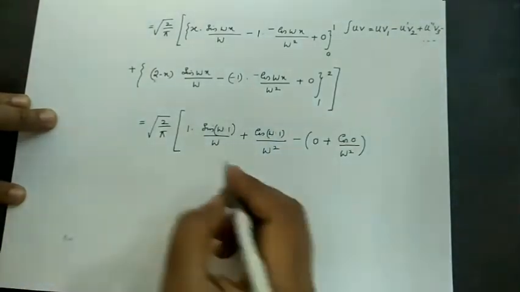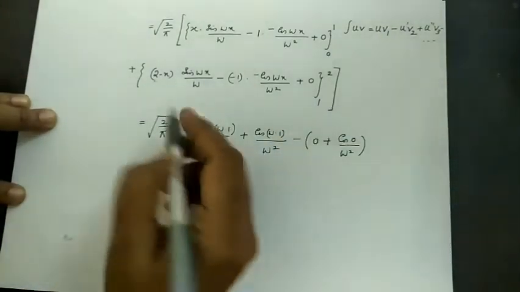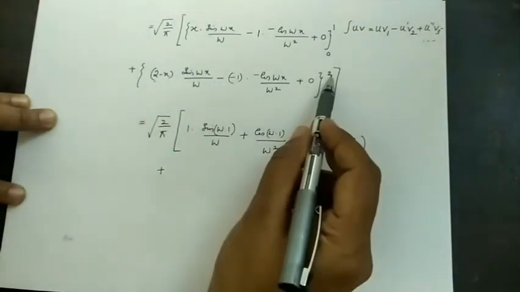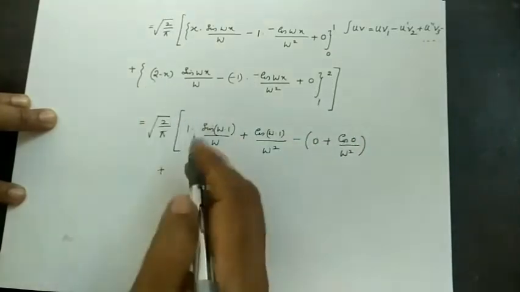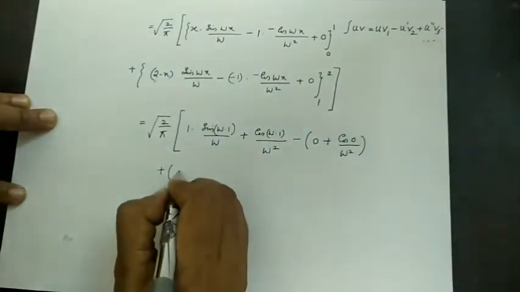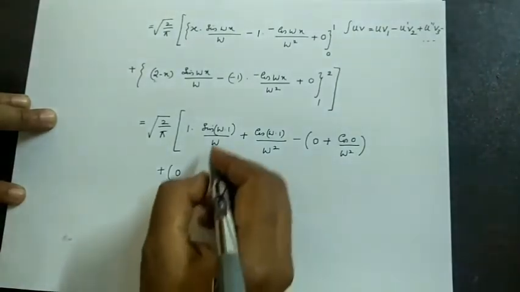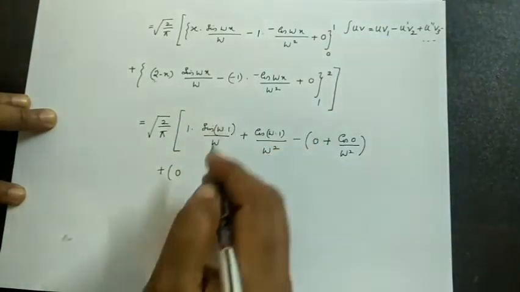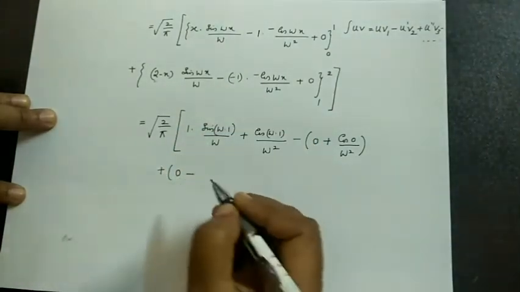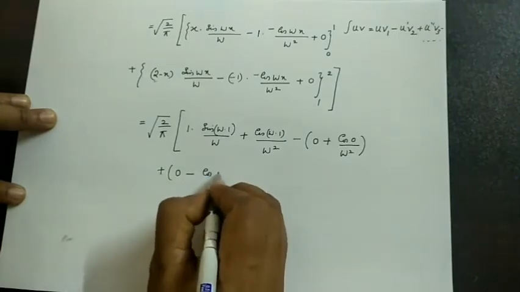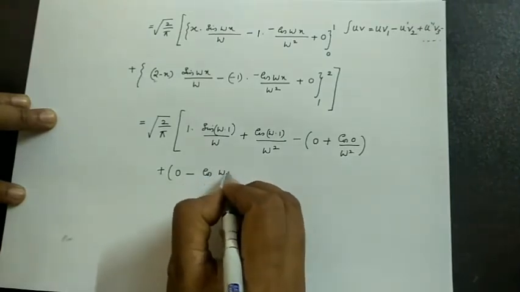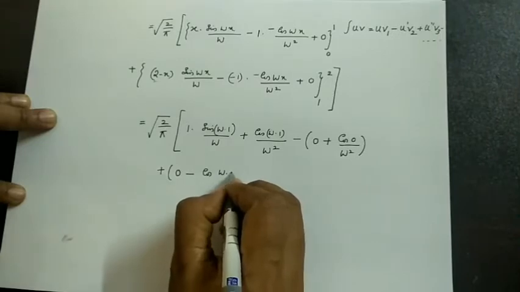Now for the second term we have 2 minus x. Applying the upper limit, 2 minus 2, that is 0. Then plus minus, this minus cos omega into 2, isn't it?